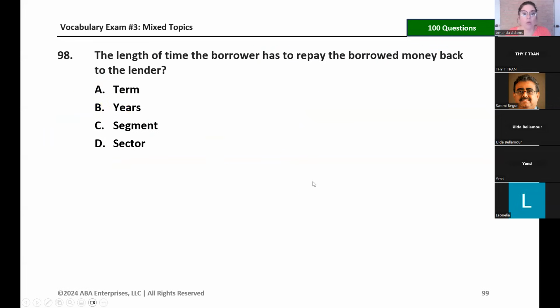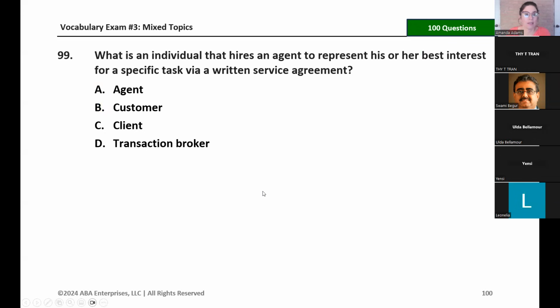Number 98. What is the length of time the borrower has to repay the borrowed money back to the lender? How do we describe that? What is the term we use? That is a term. Yeah, 30-year term. 99.